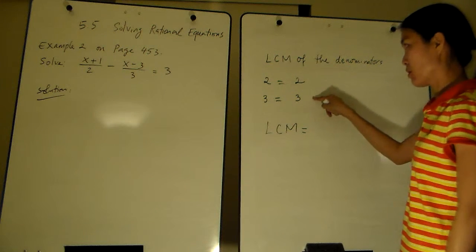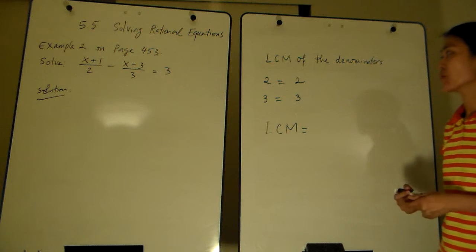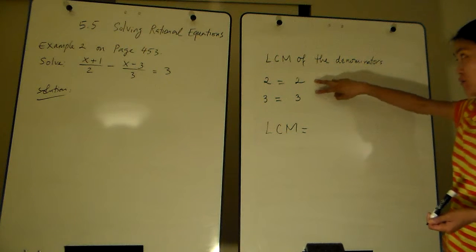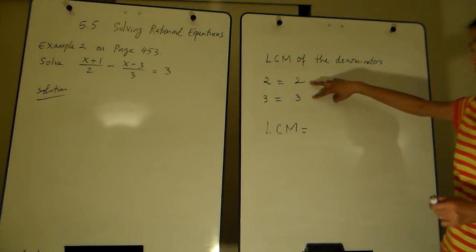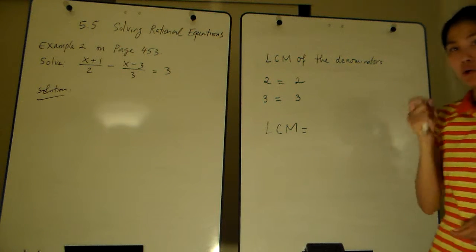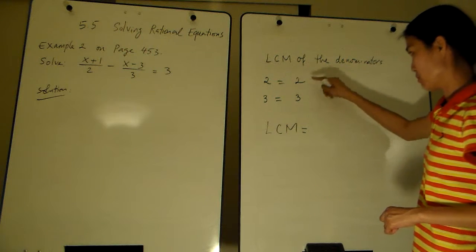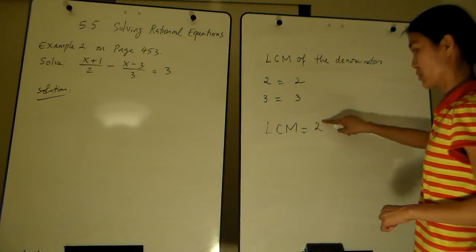There's no 2 here. So remember, to find the LCM, you need to include all factors in both denominators. You include the one with the highest degree. For this, 2 only happened one time because it is raised to the first power, so you put this here.